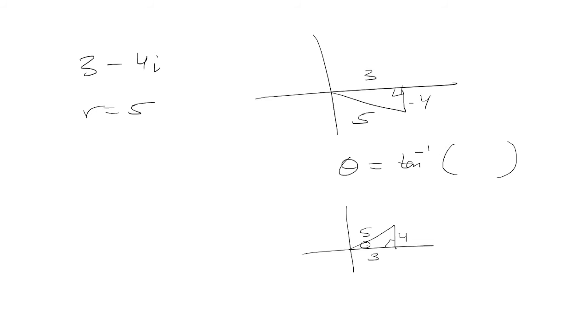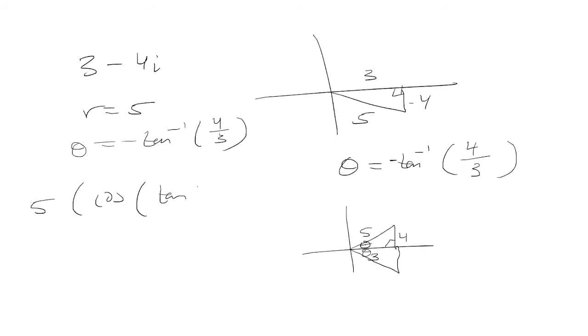We said theta was inverse tangent of 4 over 3, but that would represent the positive one, but we have to go exactly negative. So we have to go the same angle but in the negative direction. So we just have to put a negative here. So then we have r times cosine of negative inverse tangent 4 over 3, and then plus I sine of negative inverse tangent 4 over 3.